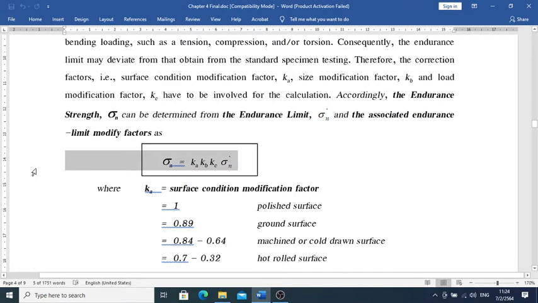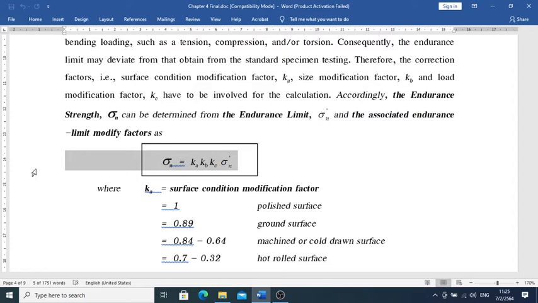That's because for the real thing, the surface is not a polished test specimen, the size is not 8 millimeters, and the load is not exact. The bending might be tension, compression, or torsion, whatever.